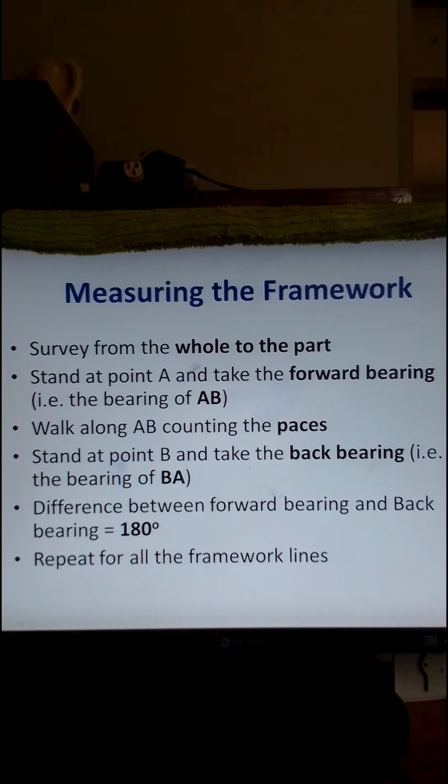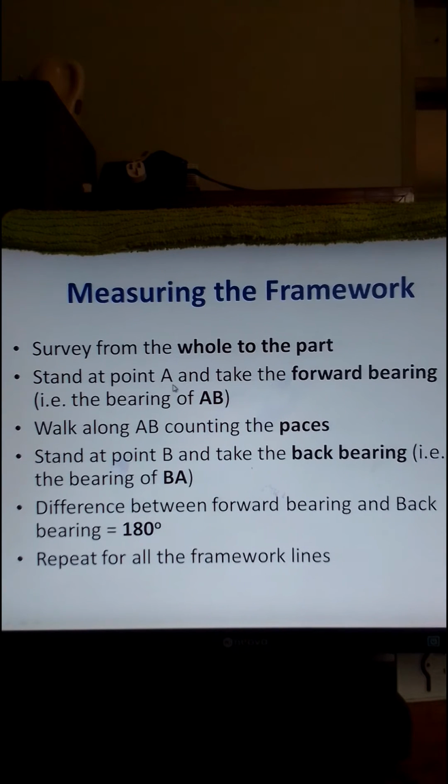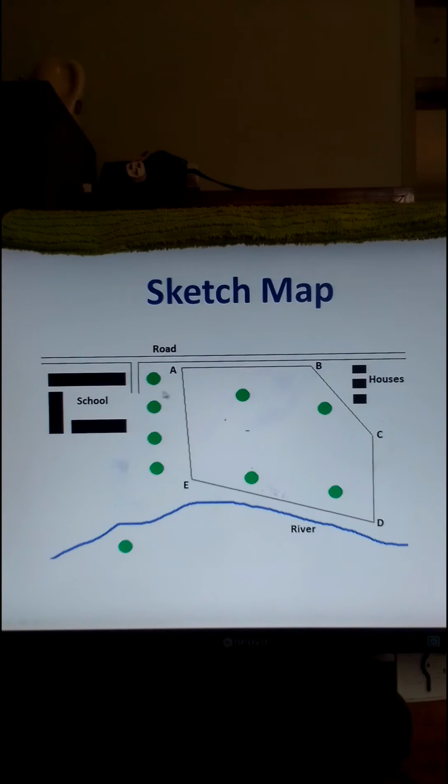So how do we measure the framework? Now, you stand at one of the points, like point A, and take the forward bearing of the line AB. So in this case, we are starting our measurements from A to B. So we are surveying line AB.